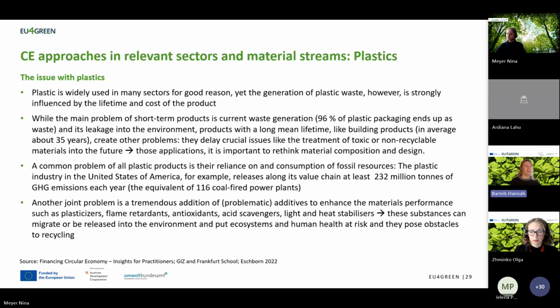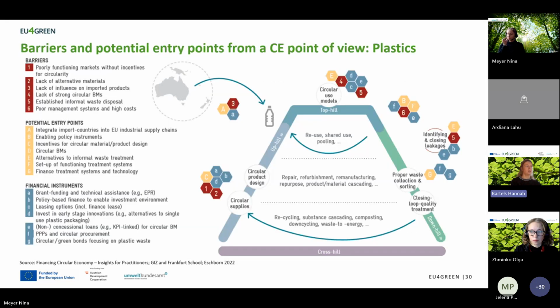So on the next slide, we have a graphic display of potential barriers and entry points from a circular economy point of view in the sector of plastics. So I mean, this is very general and probably true for many sectors, but as a way of thinking about it, it can make sense to look at barriers first that are posed to CE implementation in the sector.